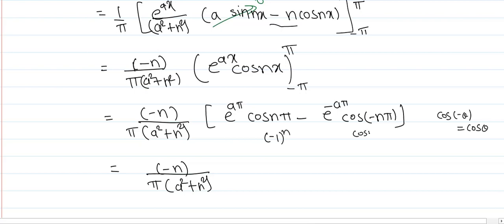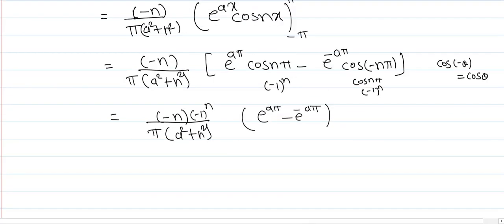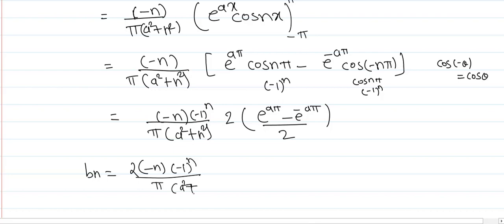So this becomes cos n pi, again its value is minus 1 raised to n. So minus 1 raised to n is common in the numerator, and we remain with e raised to a pi minus e raised to minus a pi. Adjusting again by 2 in numerator and denominator, we get the value of bn as minus n into 2 minus 1 raised to n divided by pi of a square plus n square, and the value of the bracket is sin hyperbolic a pi.